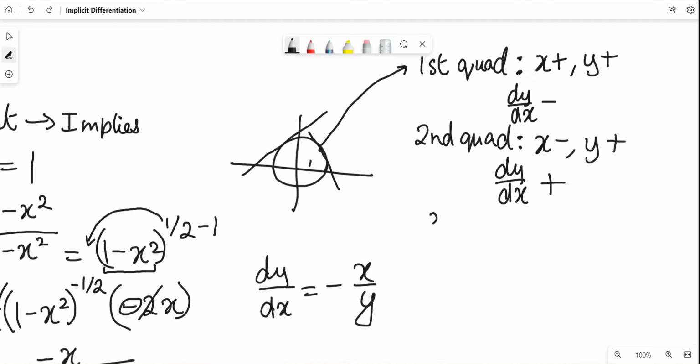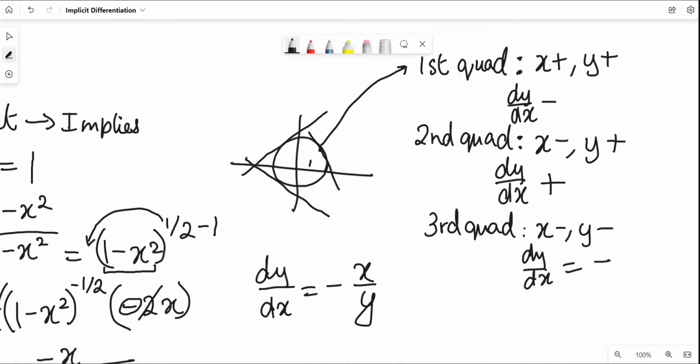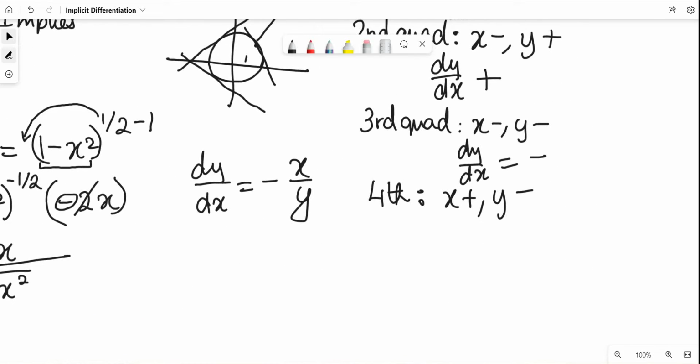Now let's try the third quadrant. x is negative, y is negative, and dy by dx is also negative, as you can see with this line here. And this also works out, and for the fourth, it's x positive, y negative, and this also works because the gradient is positive, as you can see from this line here.